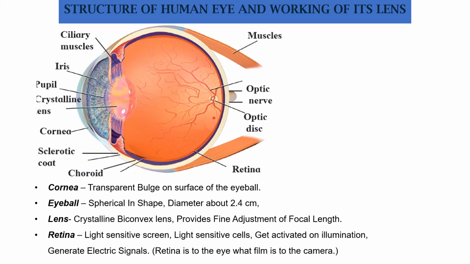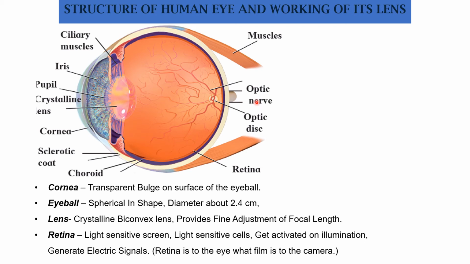So once the image is formed on the retina, it is converted into an electric signal, and these signals are conveyed to the brain via the optic nerve. Later, the brain analyzes these signals and converts them in such a way that we perceive the objects as they actually are.